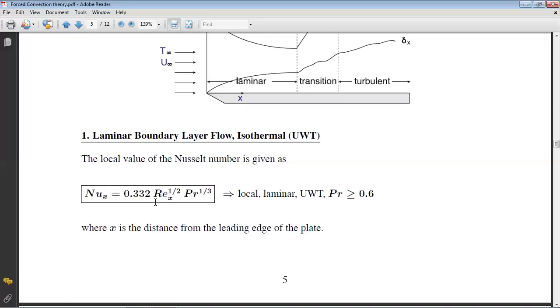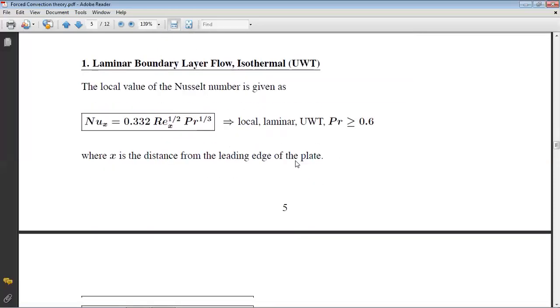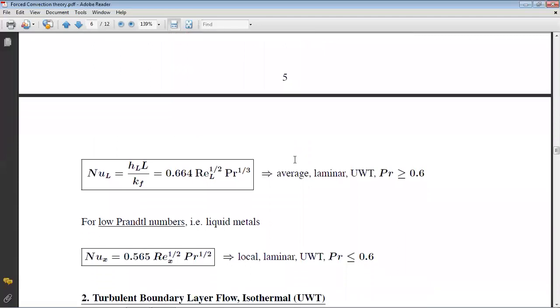So I'll give you the reference. This is on page number 113 in the 8th edition of the Heat and Mass Transfer Data Handbook. Now this is nothing but uniform wall temperature. You can also have uniform heat flux. The average Nusselt number is given by 0.664 Re to the power 0.5 into Prandtl number to the power 0.33.